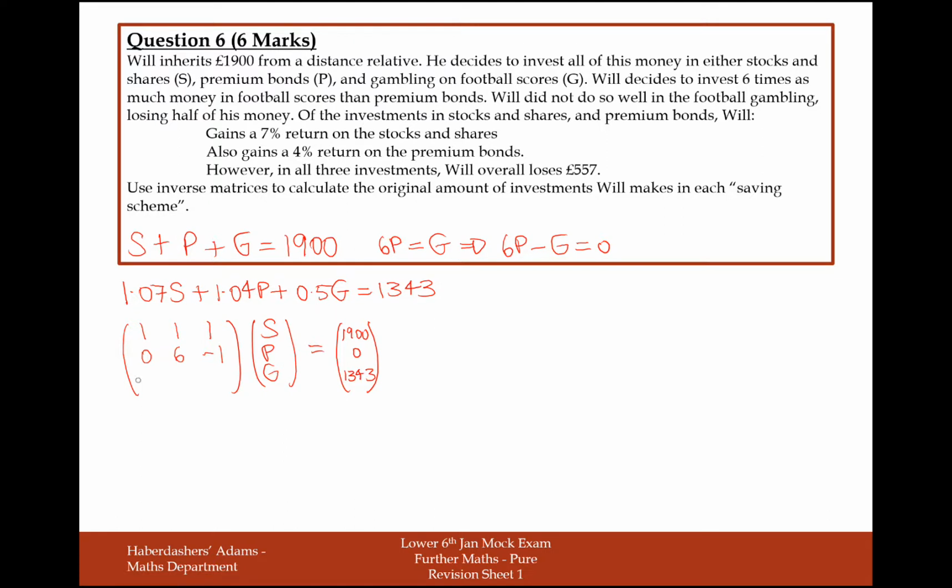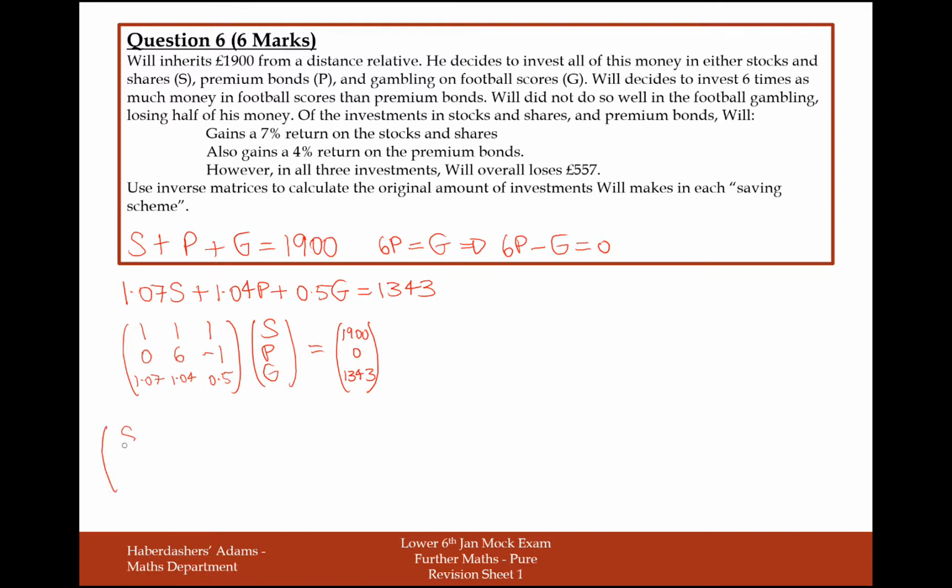And then for the third row, it's these percentage changes. 1.07, 1.04, and 0.5. So from here, I'm going to need to invert this matrix and pre-multiply it at the front of this result matrix.